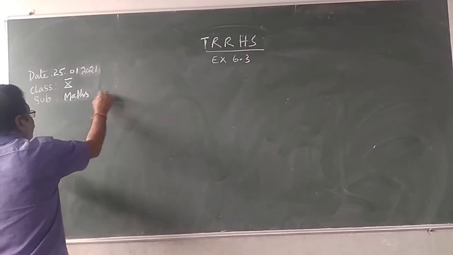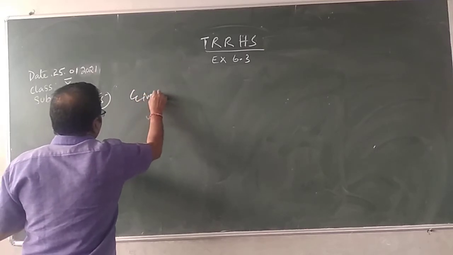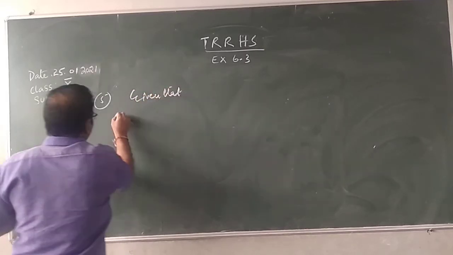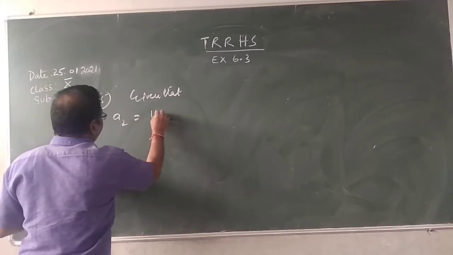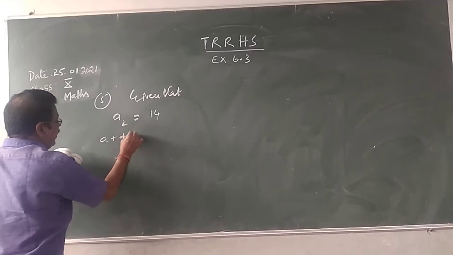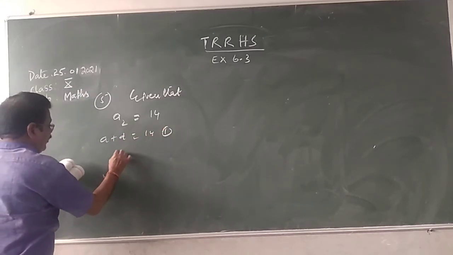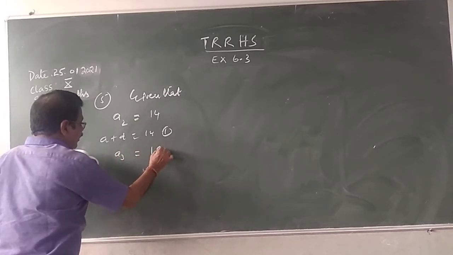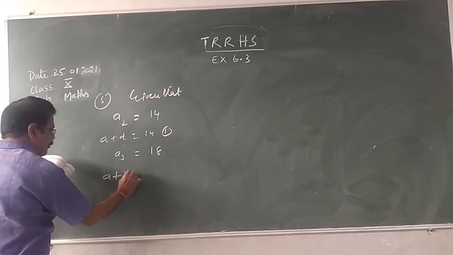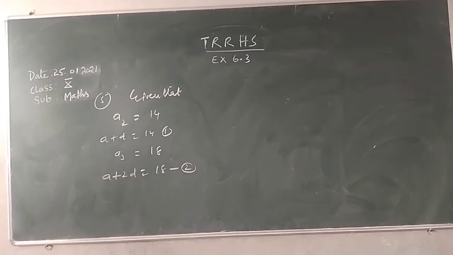Given that the second term A2 is 14. A2 means A plus D, so A plus D equal to 14. And the third term A3 is equal to 18, so A plus 2D equal to 18. By solving 1 and 2.